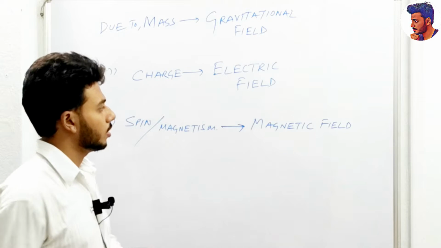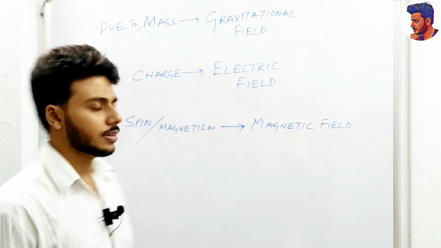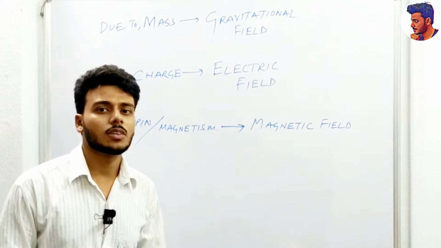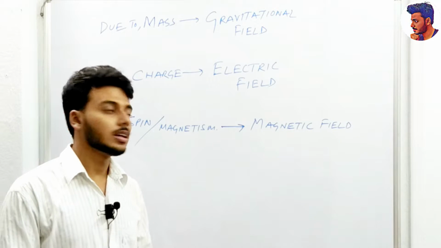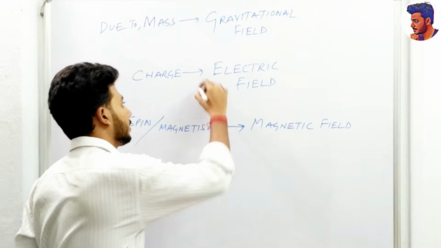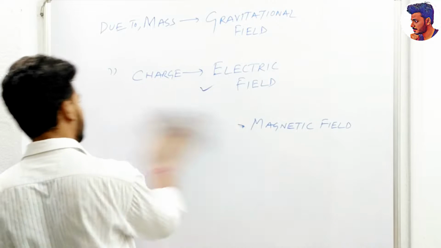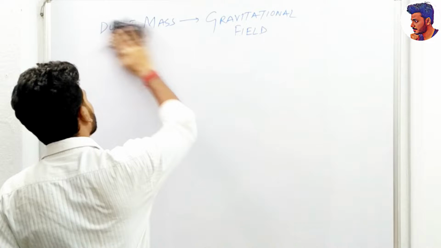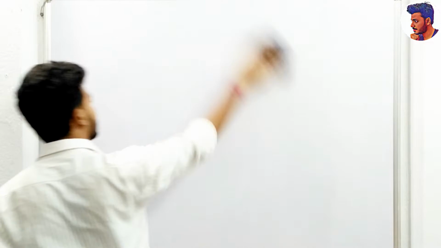So now let us learn about what is an electric field. To be more specific, actually these fields are basically the consequences of these fundamental properties. Alright. Now we will learn about what is an electric field. As we have discussed, the electric field is actually due to the fundamental property of the charge.